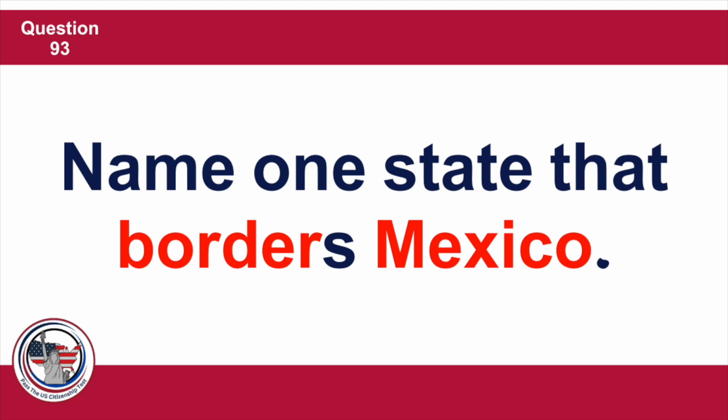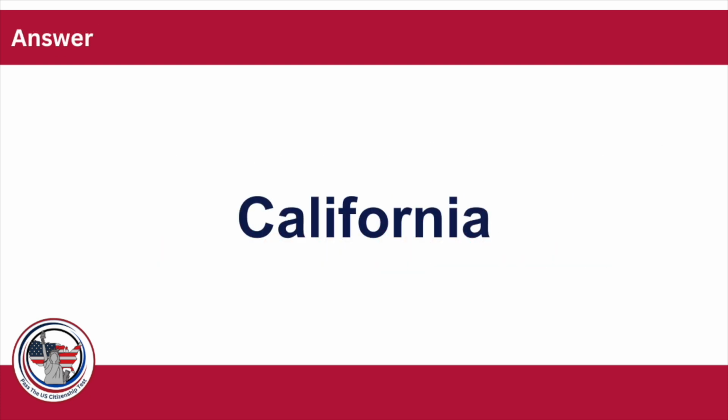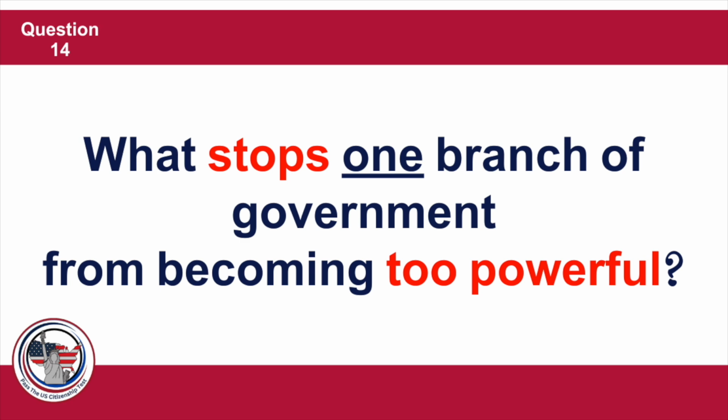Name one state that borders Mexico. California. What stops one branch of government from becoming too powerful?